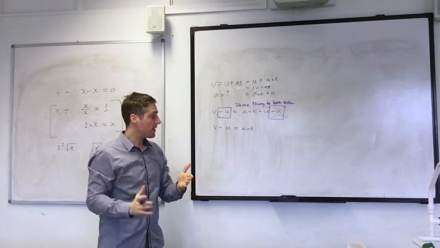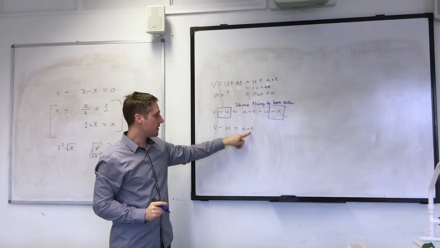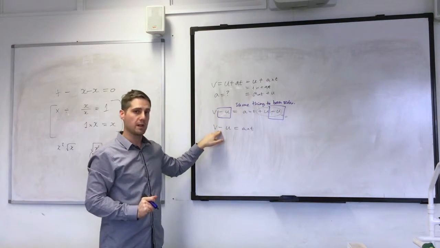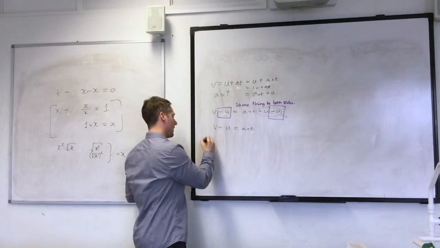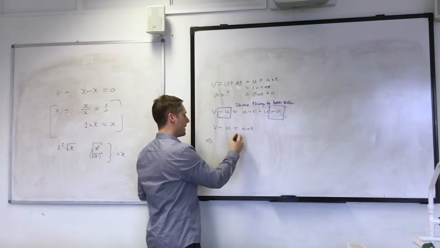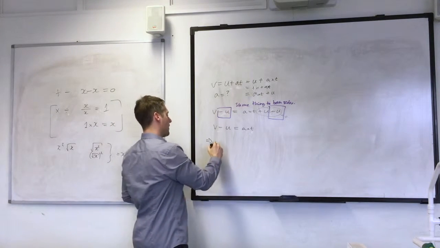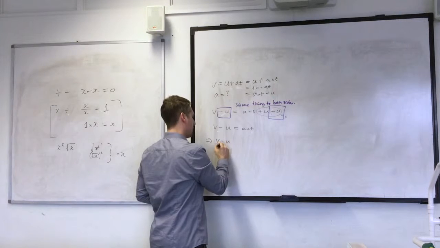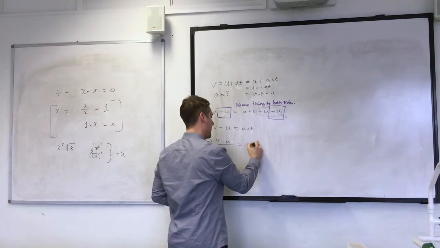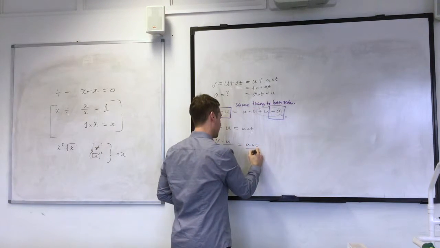I haven't finished my rearranging, I've got another step to do, and that is I need to take the t to the other side, to the left-hand side here. So let's do that. I've got a multiplication, so I need to do division here. So v minus u divided by t is equal to a times t divided by t.